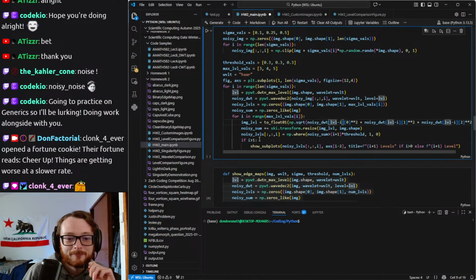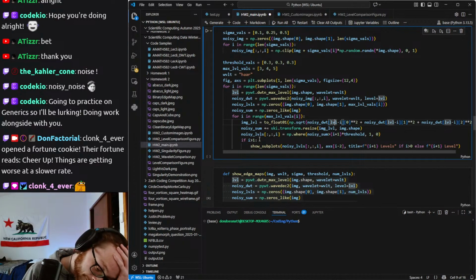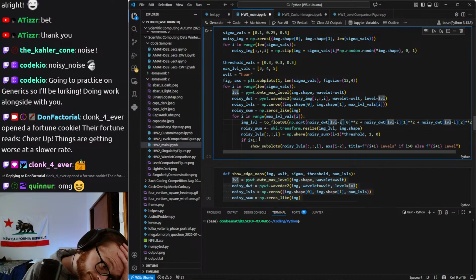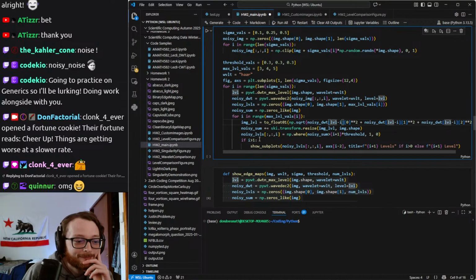What am I trying to do? So noisy levels.